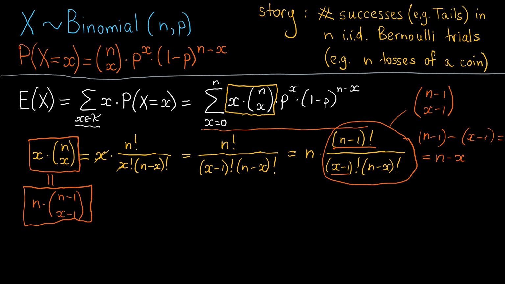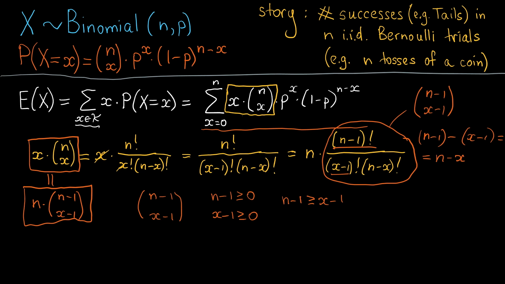But first, let's remind ourselves that a combinatorial term of the form n minus 1 choose x minus 1 requires that n minus 1 be greater than or equal to 0, and x minus 1 be greater than or equal to 0. Both of these numbers have to be integers, and furthermore, n minus 1 needs to be greater than or equal to x minus 1.